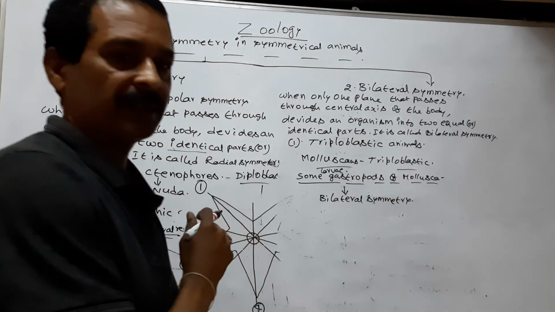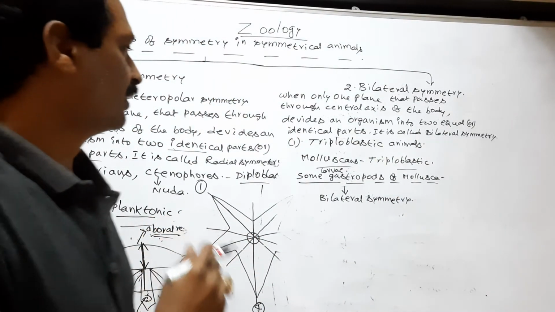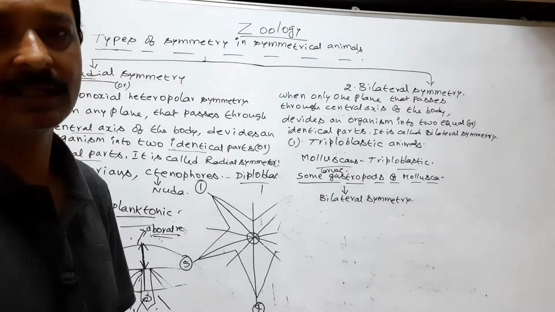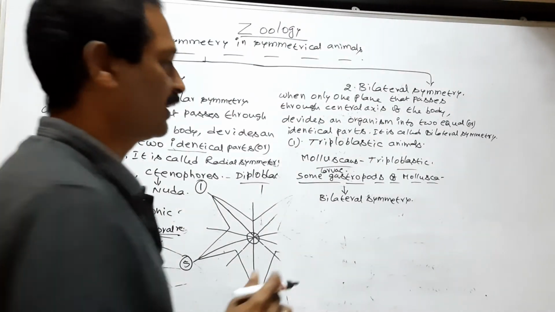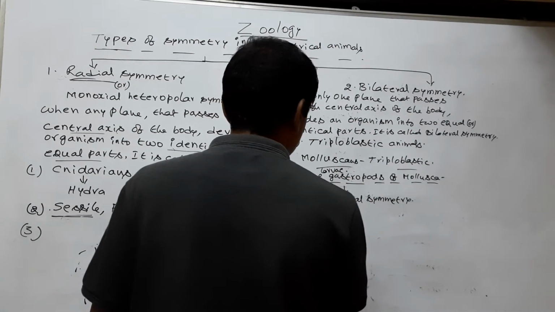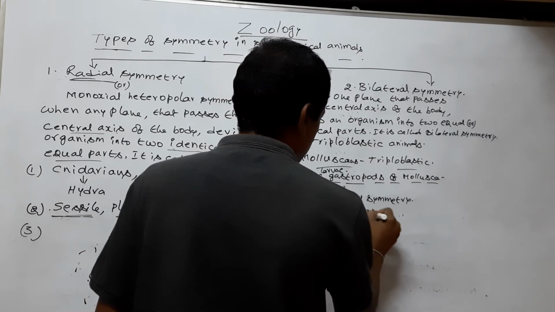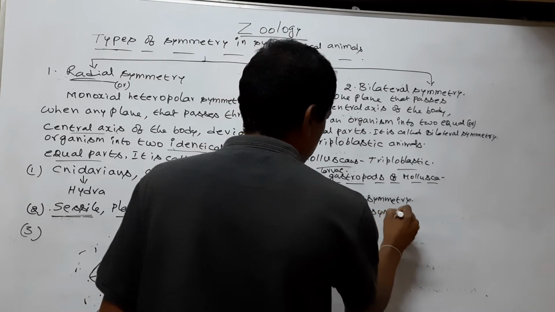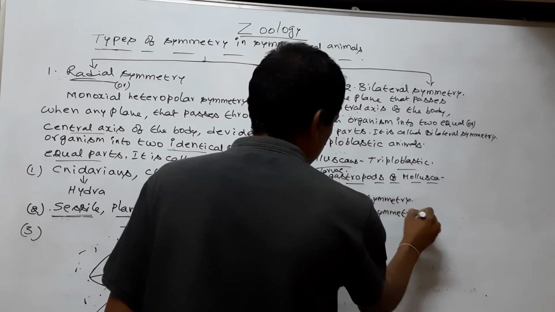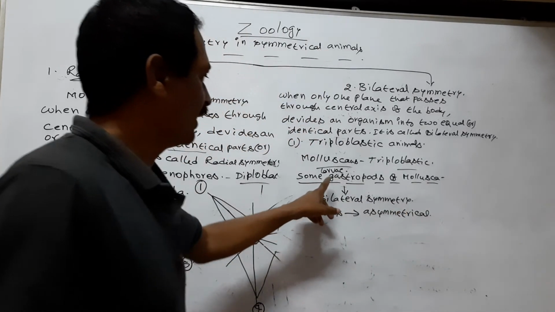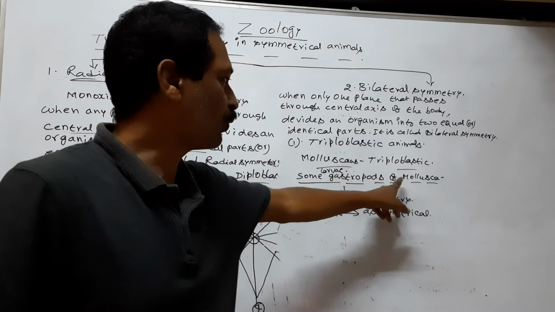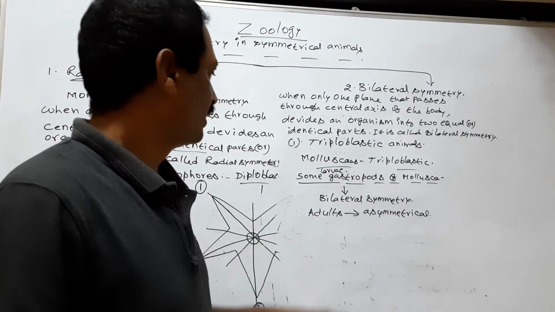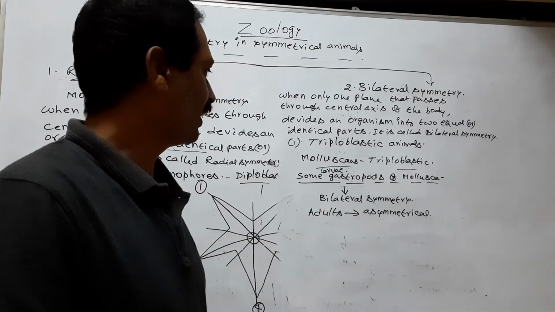Bilateral symmetry, but their adults are asymmetrical. Some of the larvae of gastropods, of molluscans, exhibit bilateral symmetry.